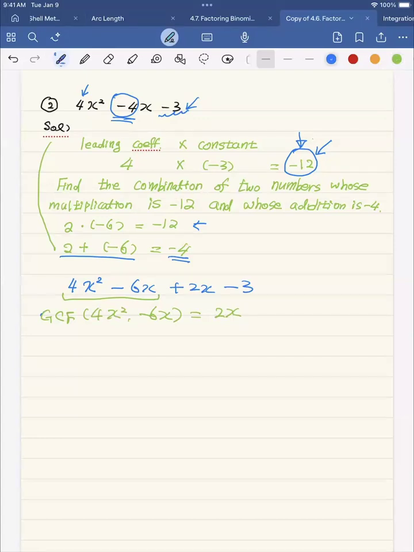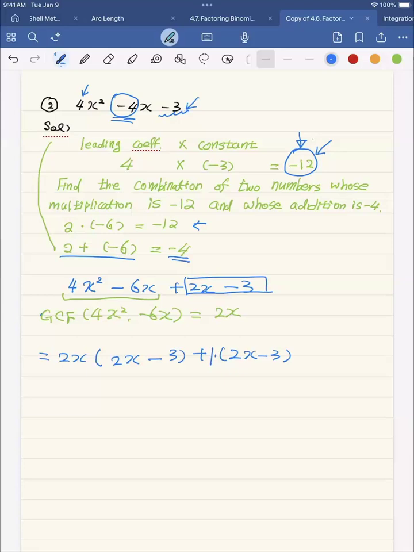So it can be rewritten as 2x times the quantity 2x minus 3. And we have plus the quantity 2x minus 3, but we can regard it as 1 times 2x minus 3.